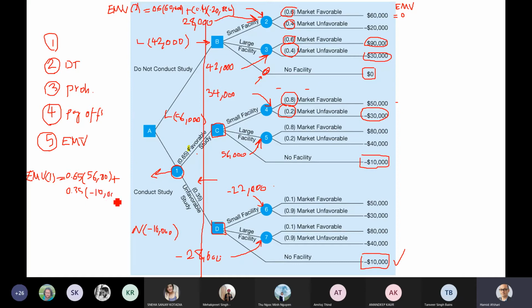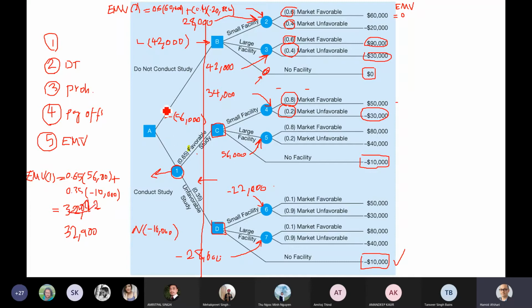So can you tell me how much this value is? 32,900. Okay, 32,900. Correct.